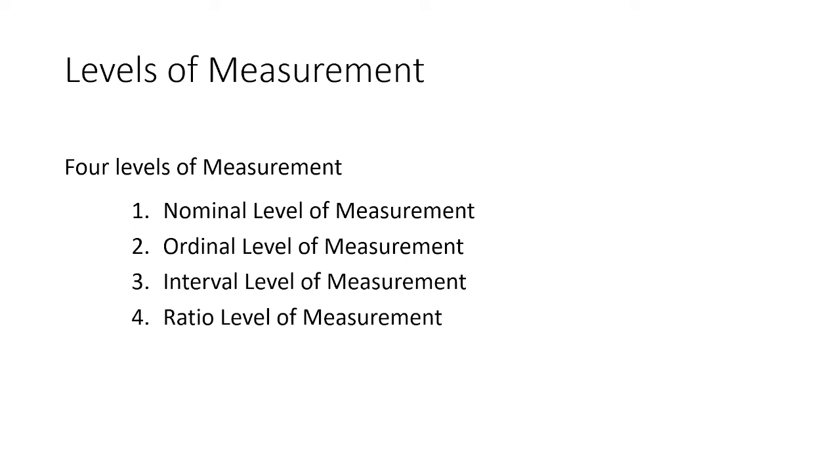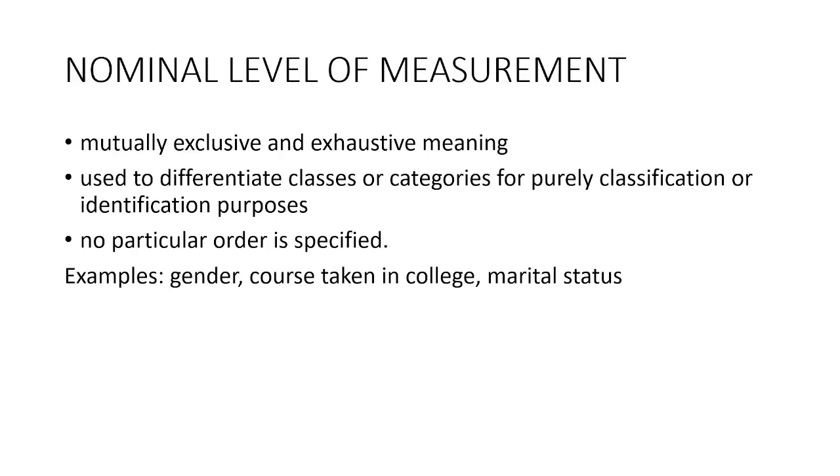We actually have 4 levels of measurement. We have the nominal level, ordinal level, interval level, and ratio level. So to discuss that, we have here the nominal level of measurement, which is mutually exclusive and exhaustive.